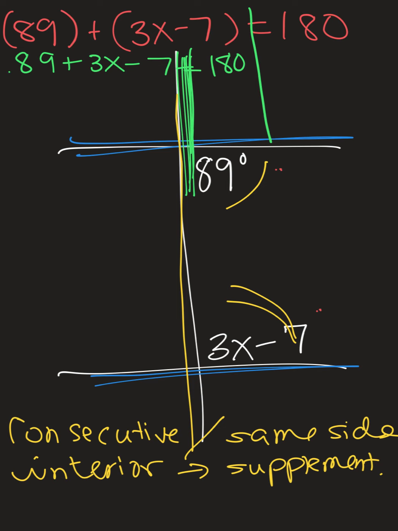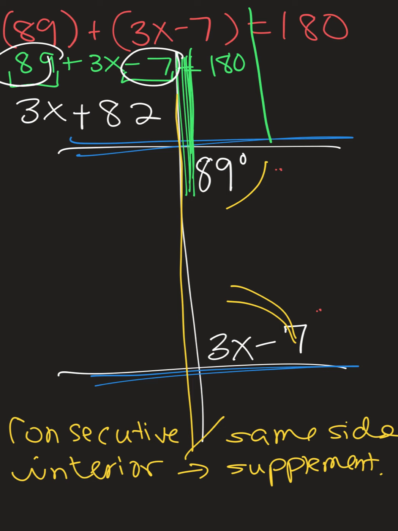Now, I have 89 and minus 7 are like terms. I'm going to combine my like terms on the same side. So I have 3x plus, now 89 minus 7 gives me 82. That is equal to 180.